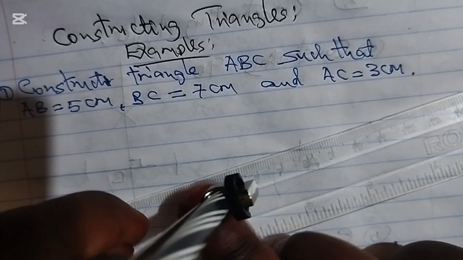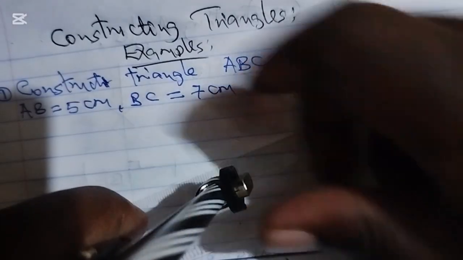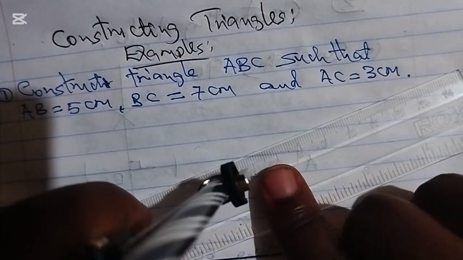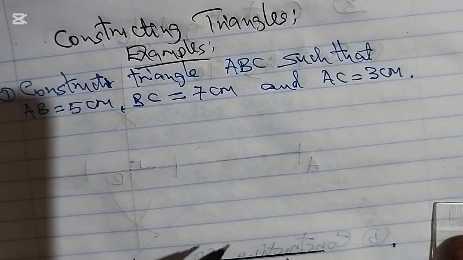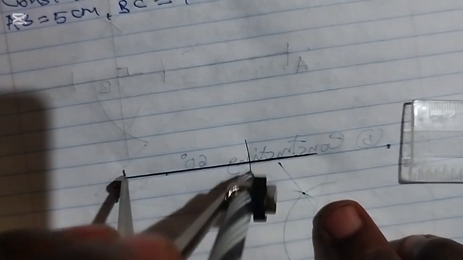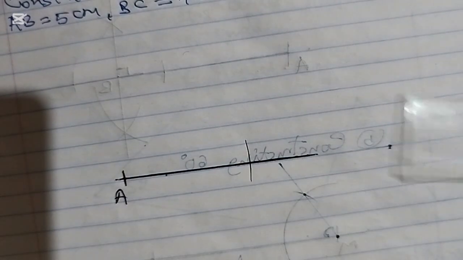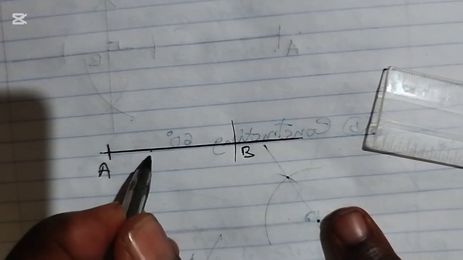This is my 5 centimeters. Now I'll stand at A and make an arc here. This is going to be my B, such that now this is 5 centimeters.